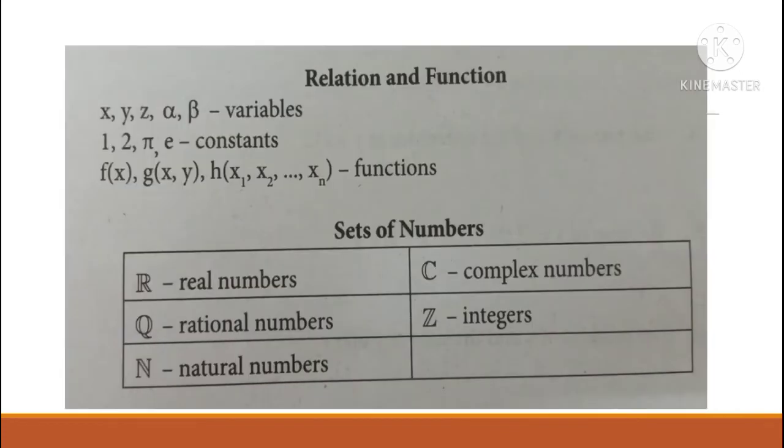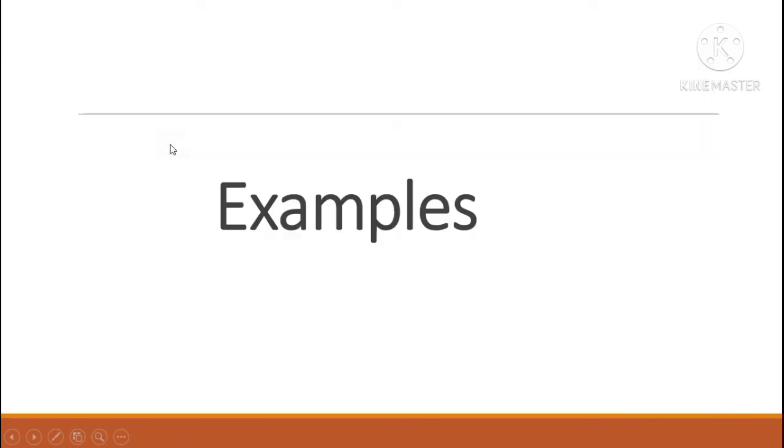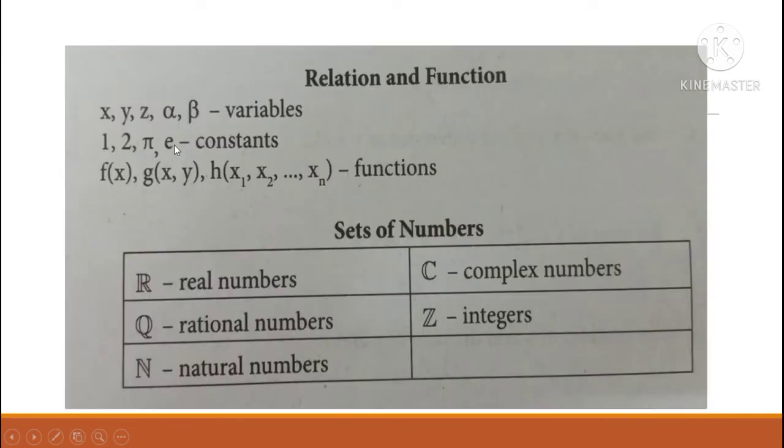So, relation and function. We have the variables, class, such as x, y, z, a, b, or alpha, beta. And constants, we have the constants 1, 2, 5, e. This is the constant. In our last topic, this e is called Euler's constant.